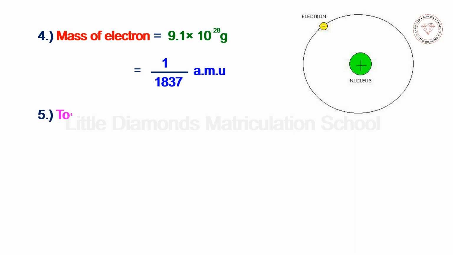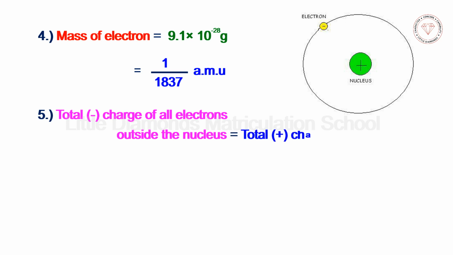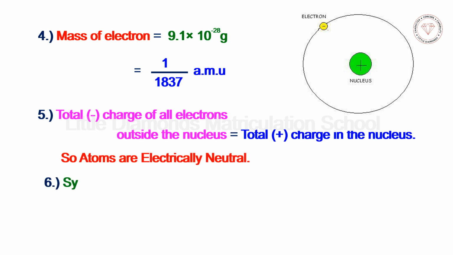The total negative charge of all electrons outside the nucleus is equal to the total positive charge in the nucleus. So, atoms are electrically neutral. The symbol for electron is -1e0. -1 represents the negative charge and the 0 represents the mass of the electron, which is negligible.